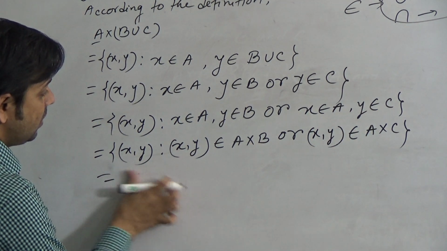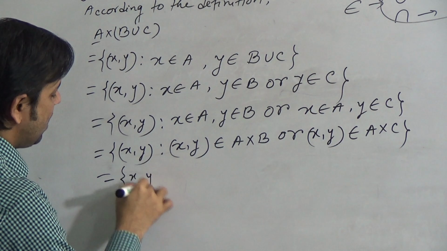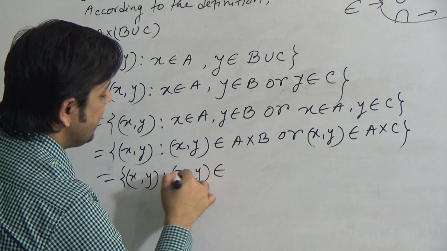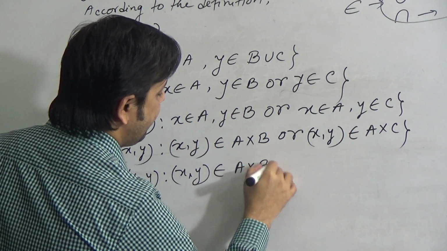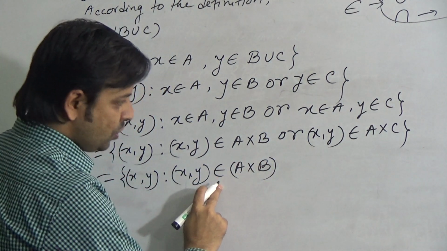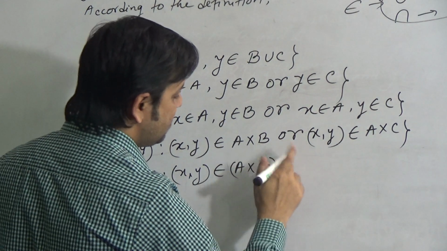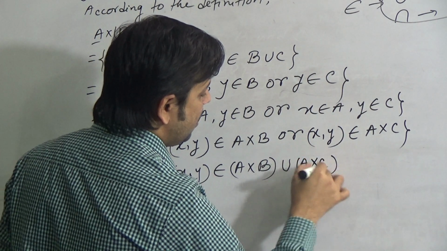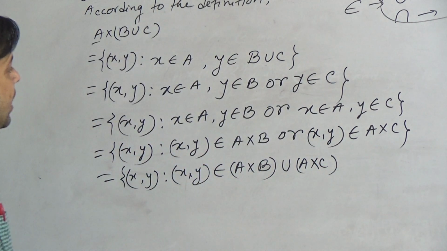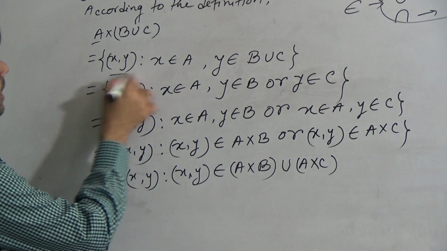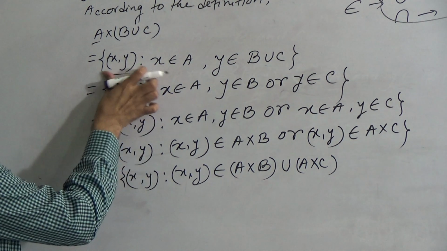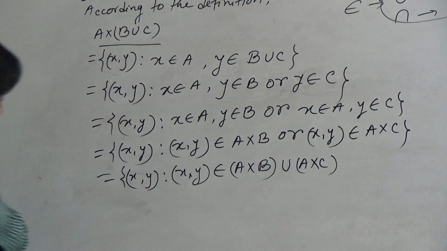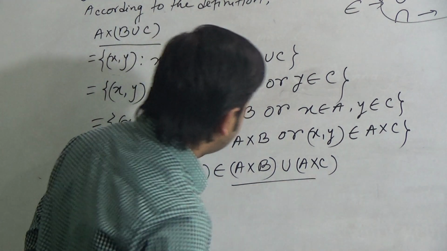So, we can write here the set of all x comma y such that x comma y is contained in A cross B, as here is or, we can write here union A cross C. Dear students, if you notice that xy is the element of this set, it means left hand side, but now we are looking that xy is the element of right hand side.